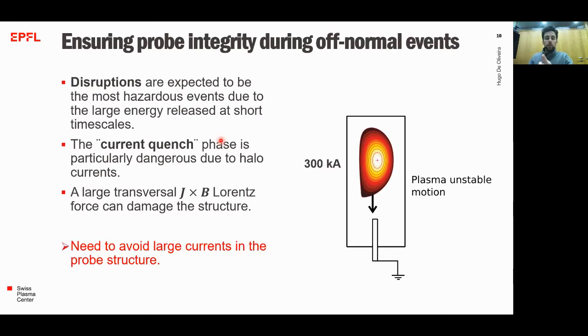Therefore, we need to avoid those currents to flow in the probe, and we need to stop those current paths with electrical insulation.